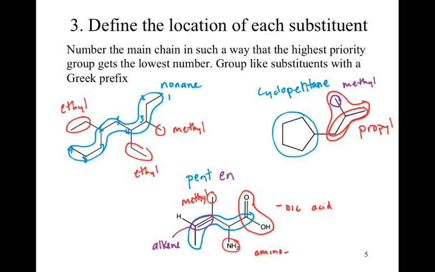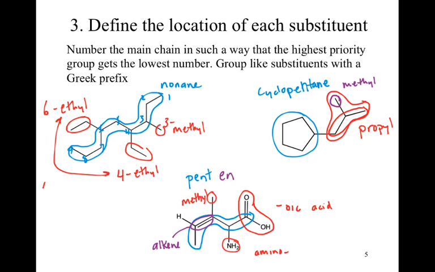That means the methyl shows up at position 3. The ethyl, or one of our ethyls, shows up at position 4. The other ethyl shows up at position 6. We've also made the statement that we need to group like substituents. So since these ethyls are the same, I'm going to group them.